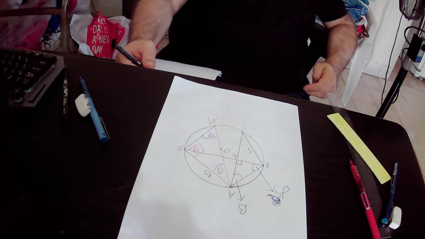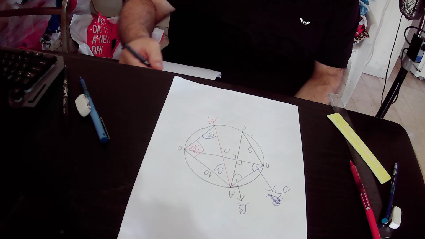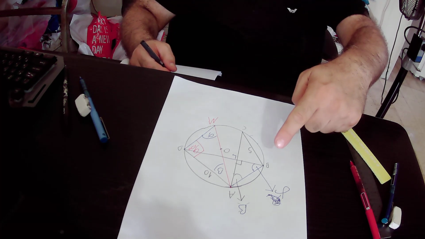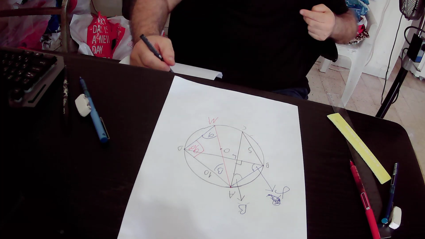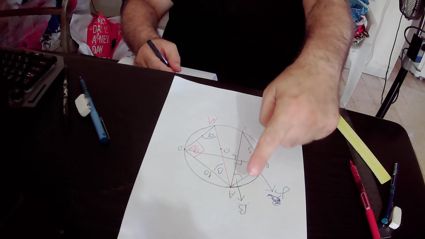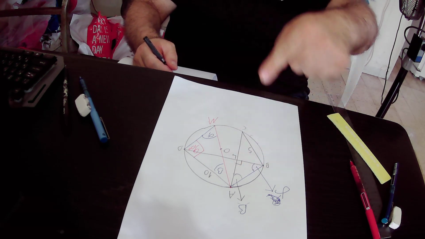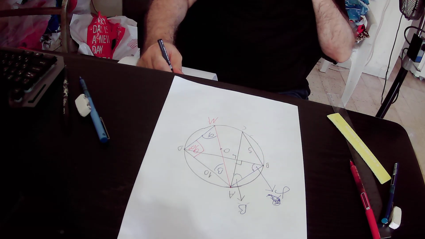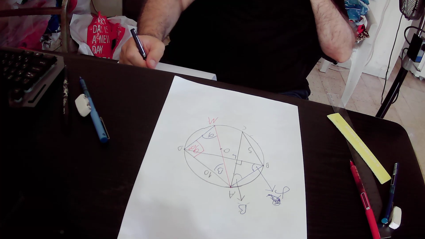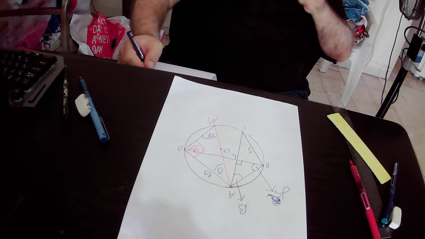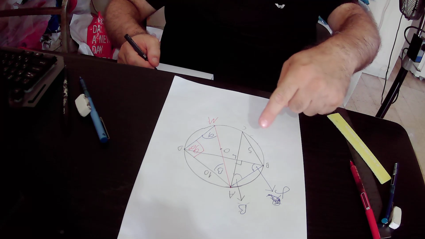We have angle BAC that equals beta, and it rests on chord BC.